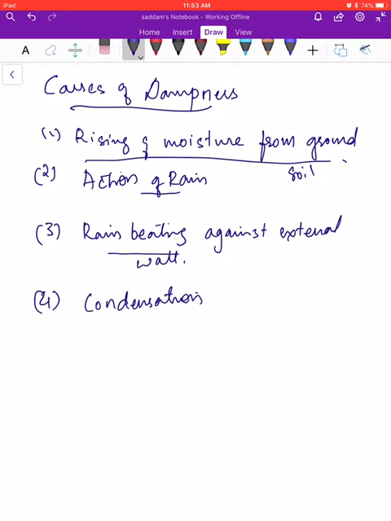Now the rain beating. What is this rain beating? For example, let us say if your balconies or chajja do not have a proper outward projection with a slope, then what will happen in that situation is the water will accumulate on them, and they will enter the wall through their junction.